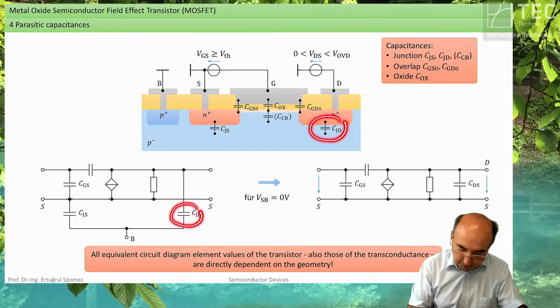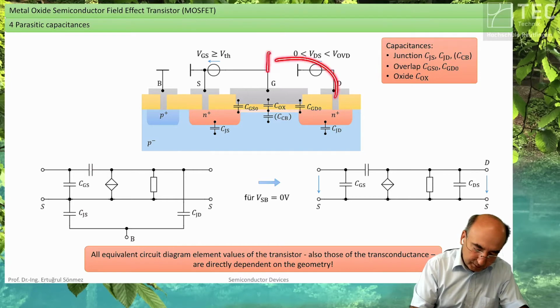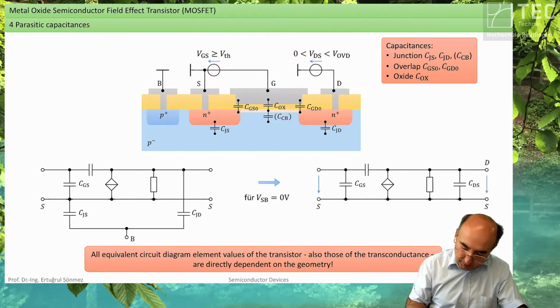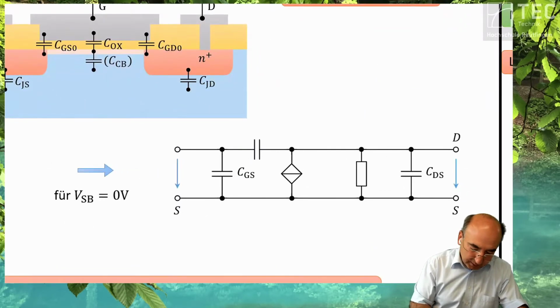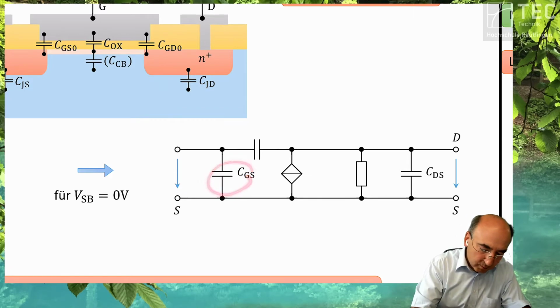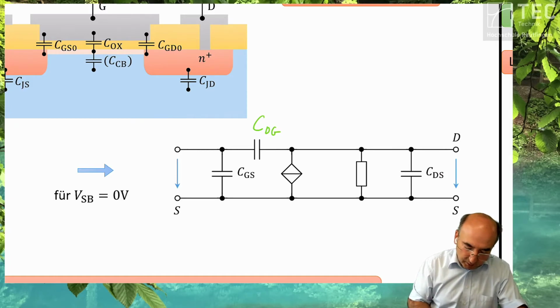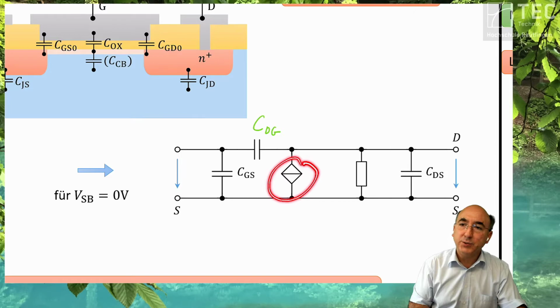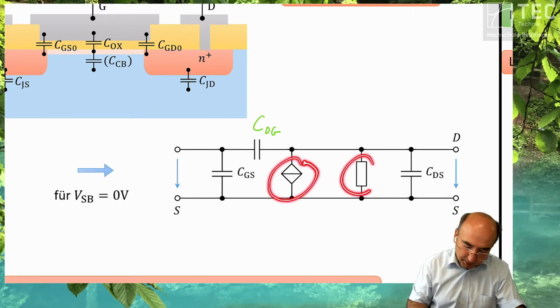The combination of the drain bulk and the drain source is the drain source capacitance we have. So we add a gate source, we add a drain gate, this controlled current source, which is the main function of the transistor, and this is RDS.